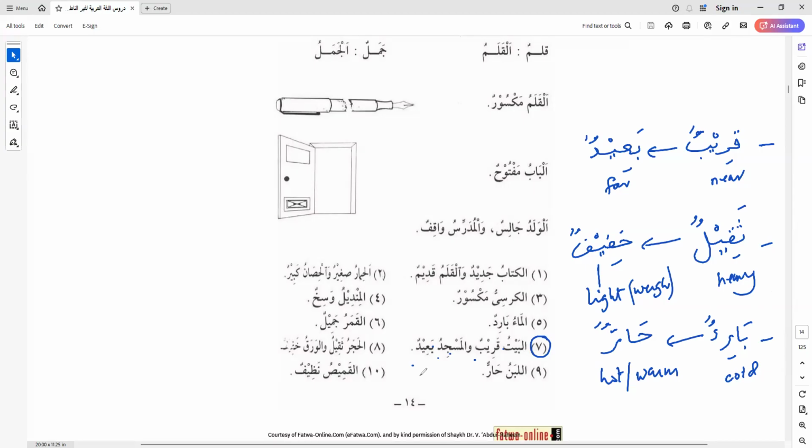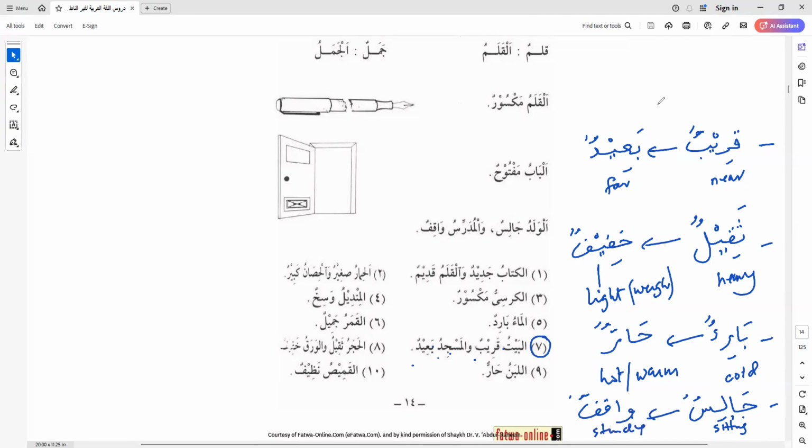And then we also learn, I think these are the opposites so far. Yeah, the final one is jalisun. If you are not sitting, then you are standing. Waqifun. So you are either sitting or standing.